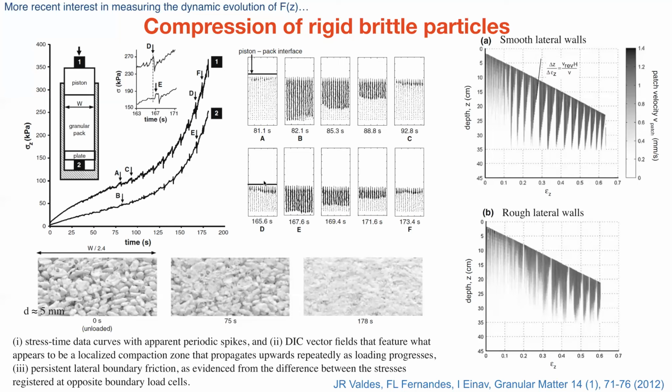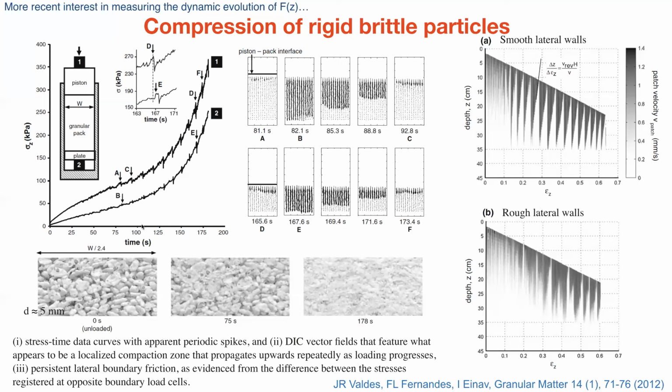And when it reaches the surface of the bed, the compaction band again appears at the bottom, and then it also travels, producing periodic spikes on the force versus time. In fact, these spatial temporal plots show that this is periodic for the case of smooth lateral walls, but when they put rough lateral walls, they observe an erratic compression process.